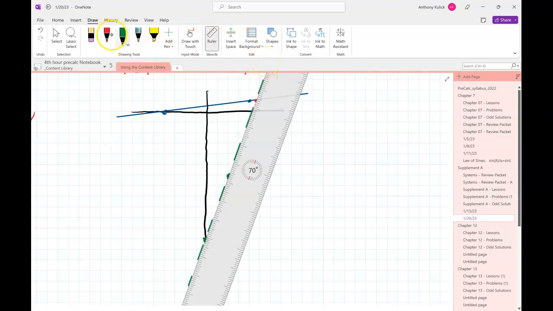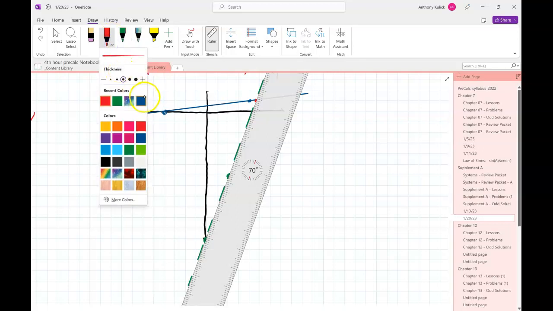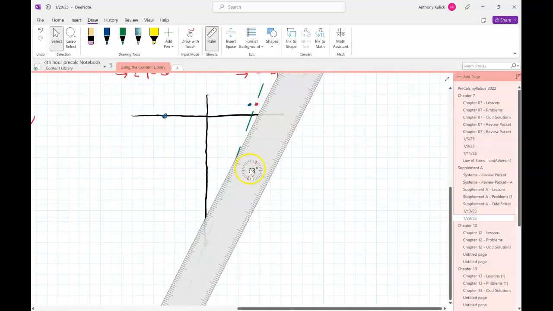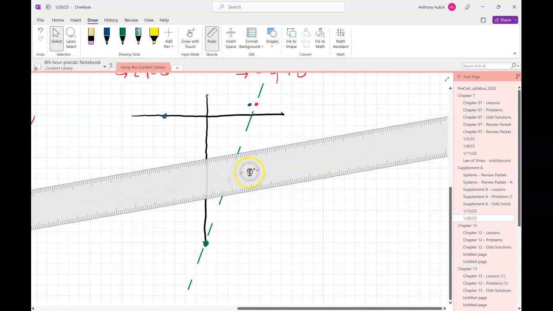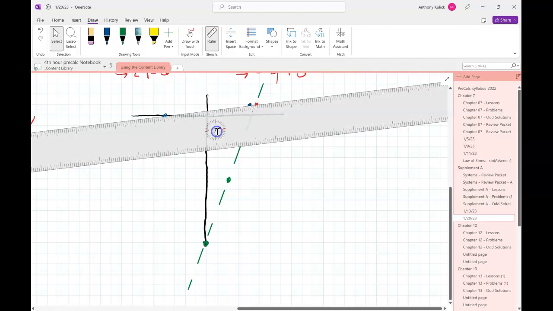Okay. And same thing with the blue ones, right? That should have been a dashed line too.